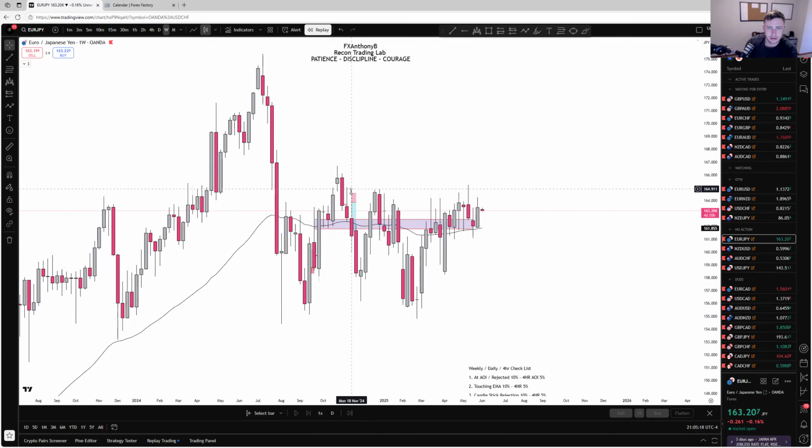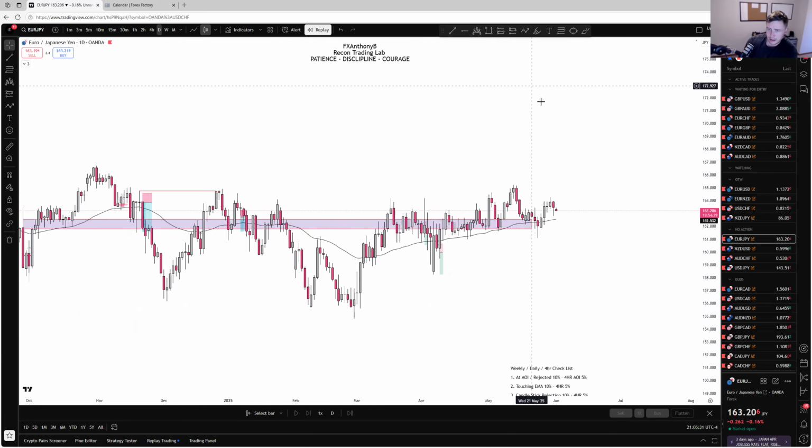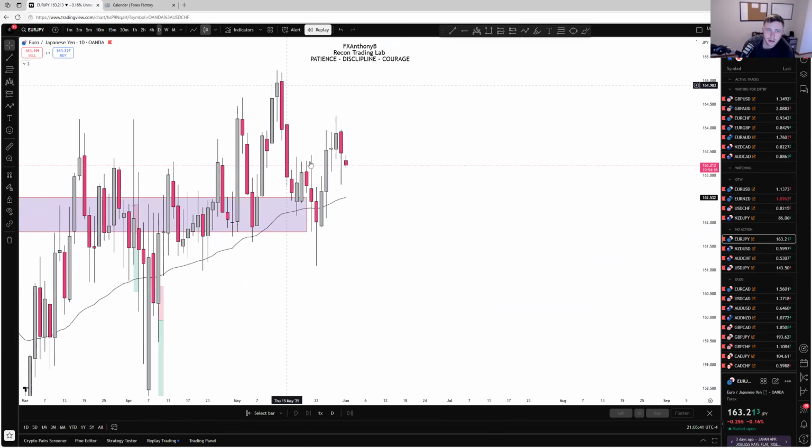Higher high, higher low. Lower high, lower low, lower high, lower low. Lower high, lower low. No, bearish. Weekly bearish. My bad. Daily. 1, 2. Boom. Did it break? Daily's bullish. Higher high, higher low.